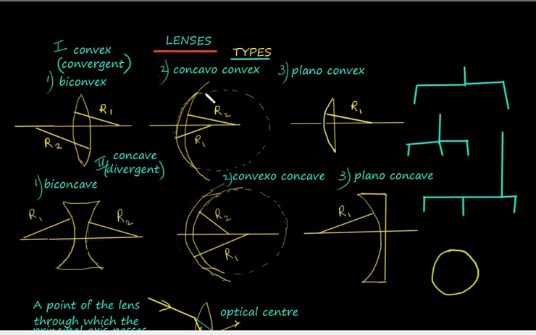You might recall that the lenses used there were circular pieces of some refracting material, mainly glass. Lenses are of two types, convex and concave.